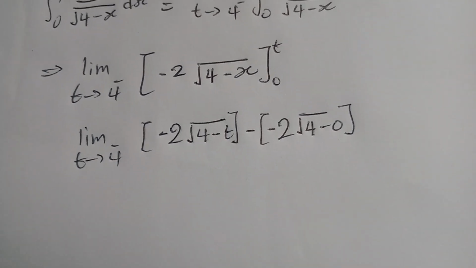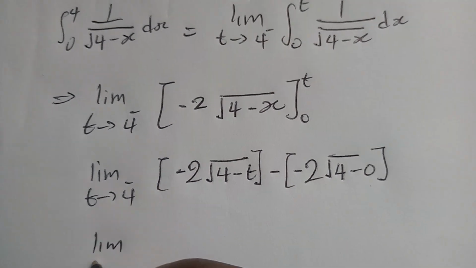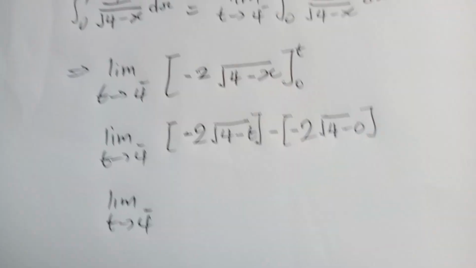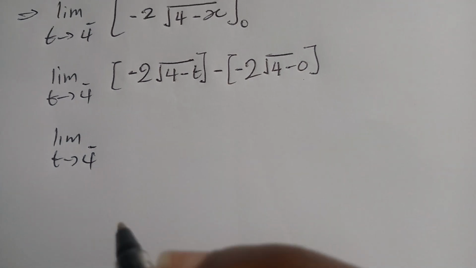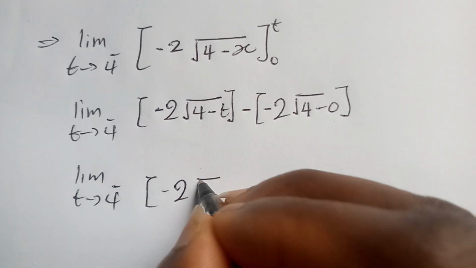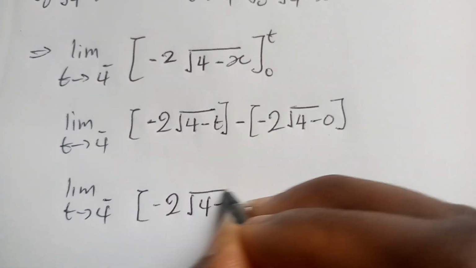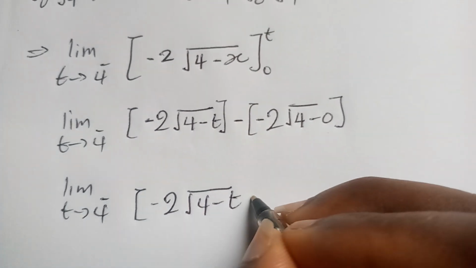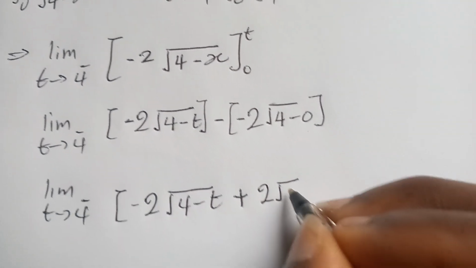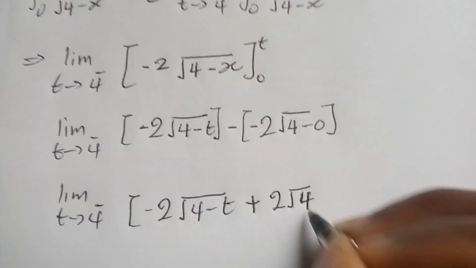So now we have the limit again as t is approaching 4 from the negative of negative 2 square root of 4 minus t plus 2 root 4.